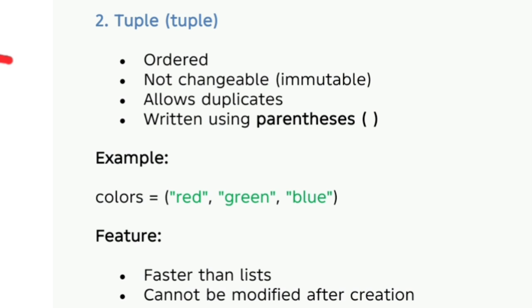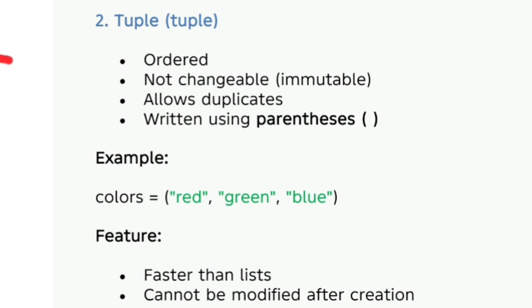To declare a tuple in Python, we use parentheses. For example, we have a tuple called colors, which is assigned red, green, and blue in brackets. So what are the features of a tuple? A tuple is faster than a list, and a tuple cannot be modified after creation.